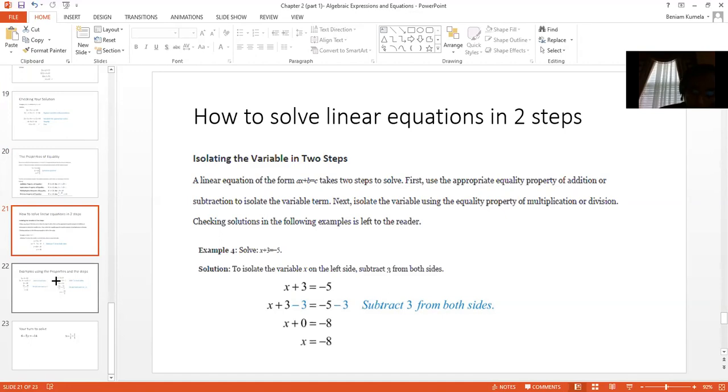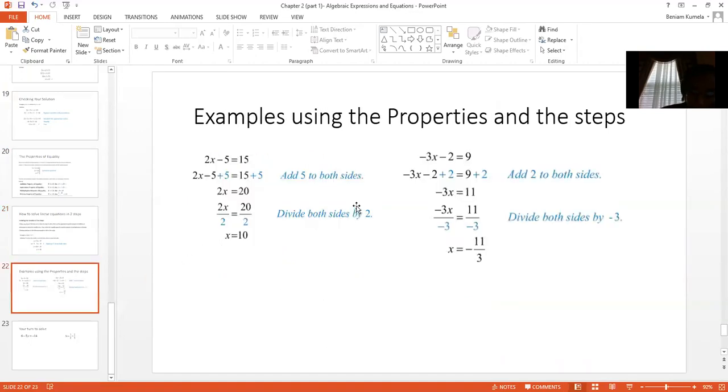But we have an example where you need to use the division property. Over here, we have a coefficient after we use the addition property of equality. We added 5 on both sides to cancel out the -5, and we isolated the variable term. So 15 plus 5 is 20. Now we have a coefficient of 2.